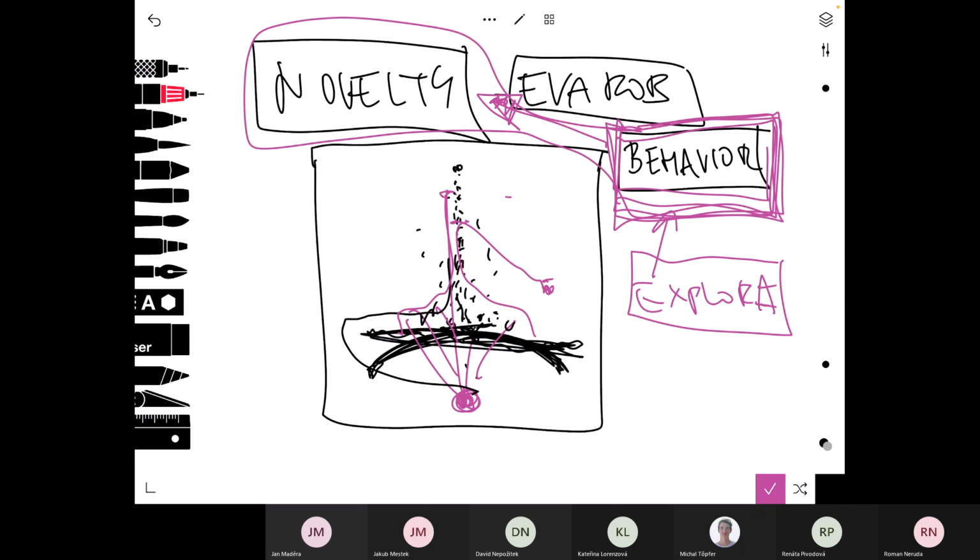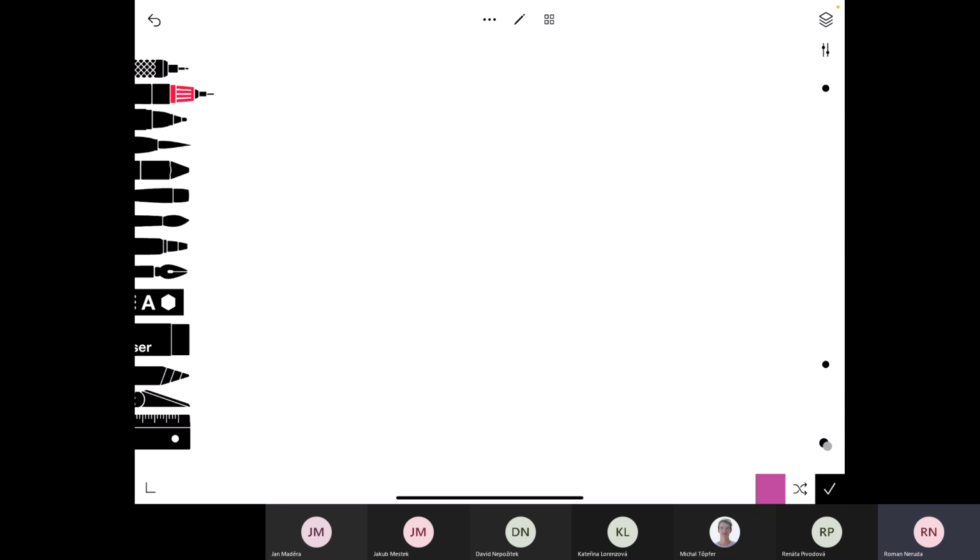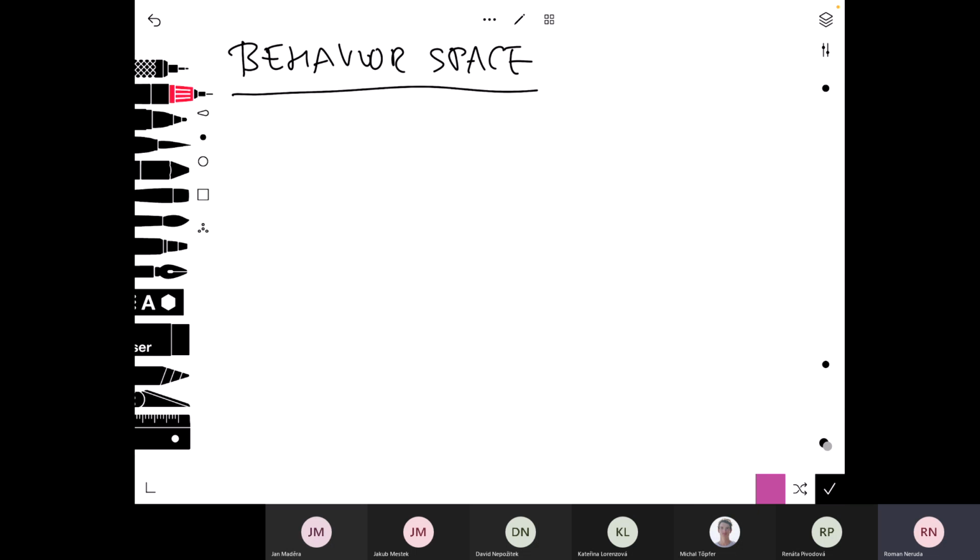And so Lehman and Stanley formalized this and created the notion of behavior space, saying, okay, let us create somehow the space of the behaviors.